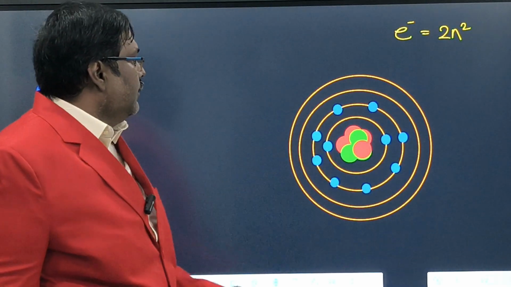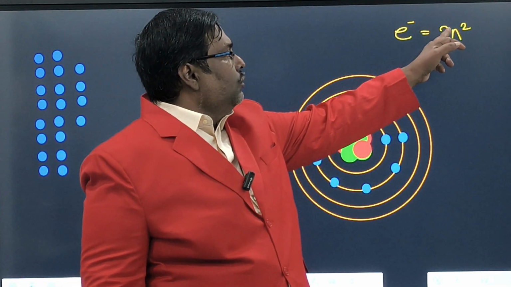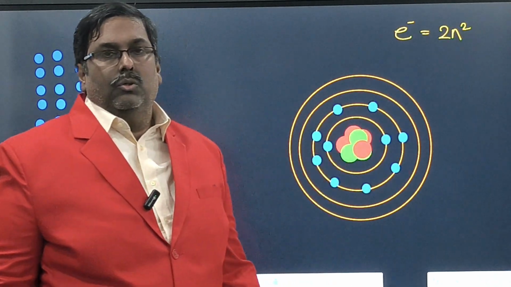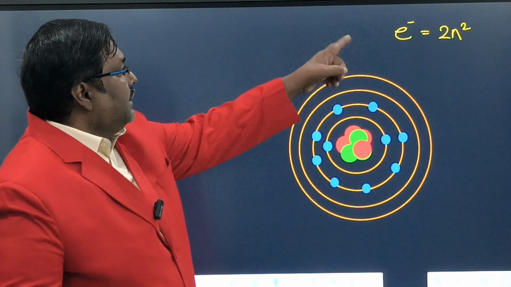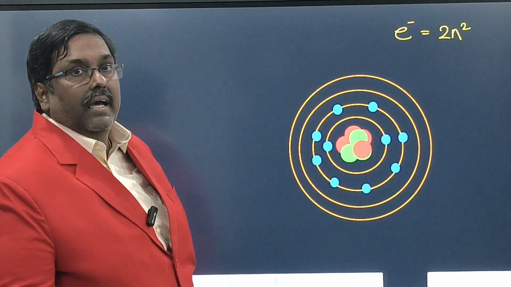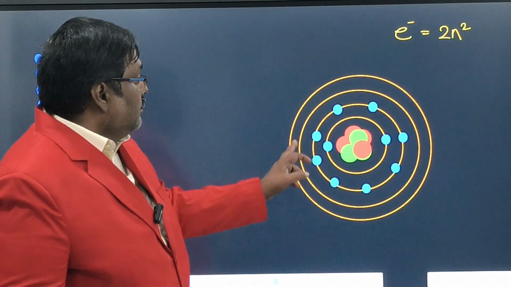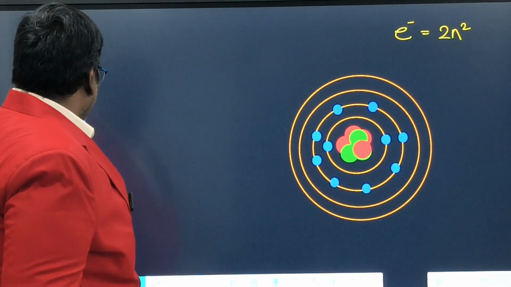So the next orbit, 2n square. 2 square is 4, 8, right. Third orbit will be 3 square, 3 square is 9, 9 into 2, 18. So the third orbit will be 18.